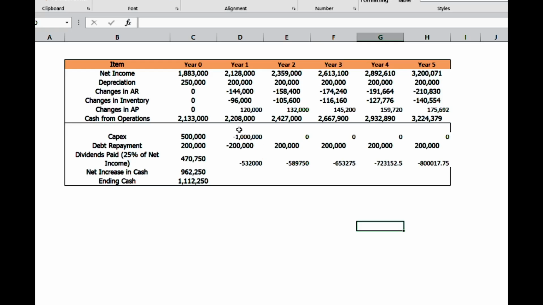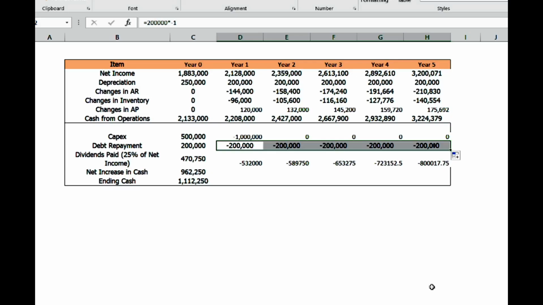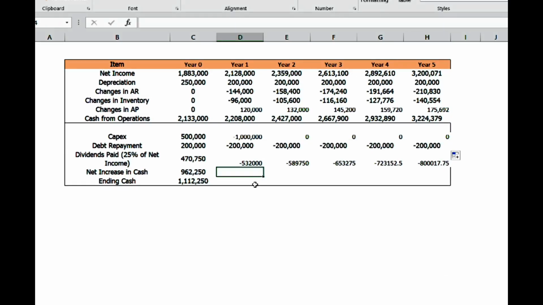Apply throughout the years. Then the net cash is the cash flow from operations plus capex plus debt payment plus dividend payment. So this will be my net increase in the cash.